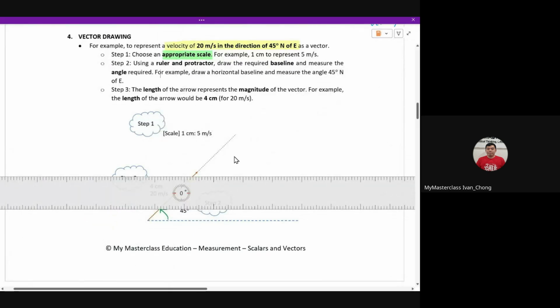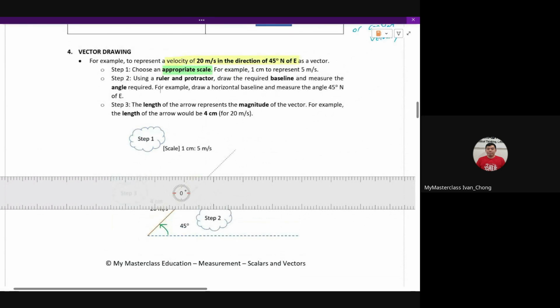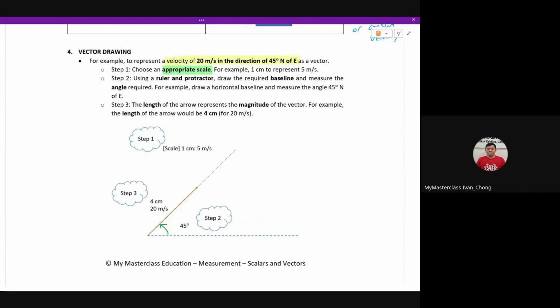So basically what you want to do is you want to choose a proper scale. Now, take note, don't write it like this. Write 1.0 cm is to 5 meters per second. Or you can write 5.0 meters per second. Basically, make sure that the scale that you use here is always the smallest number.